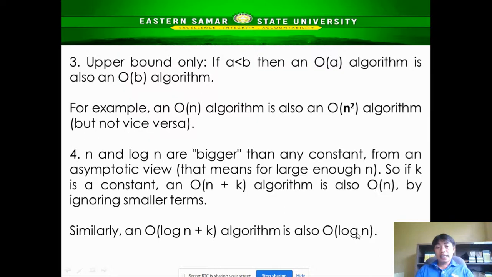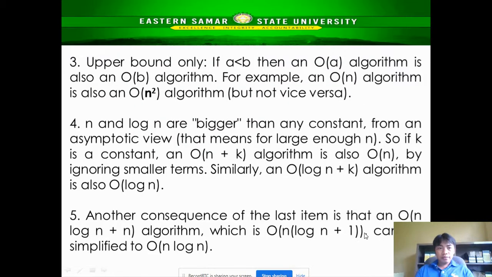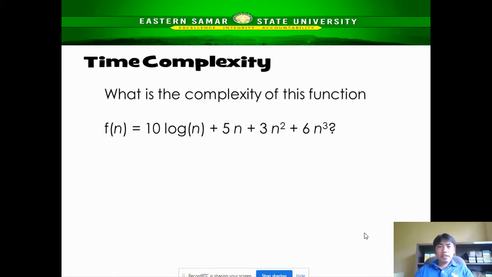Okay, example, this one. What is the complexity of this function? Your function is 10 log n plus 5n plus 3n squared plus 6n cubed. We'll be using the rules in big O. Rule number one, ignoring constants.